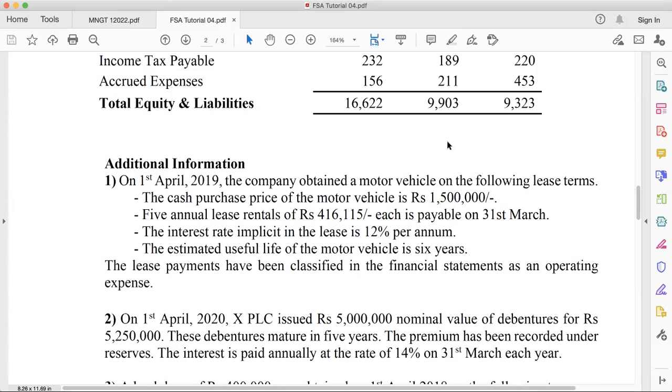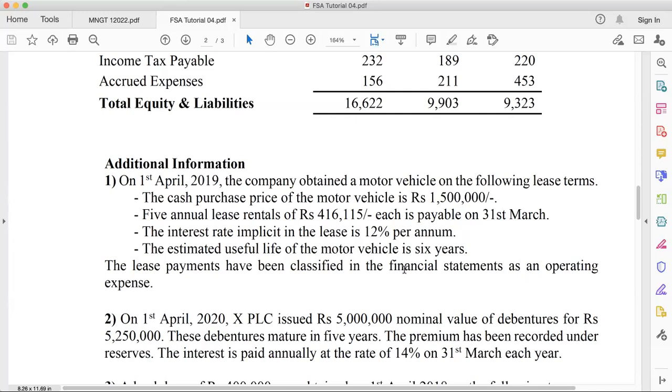On 1st April, the company obtained a vehicle on the following lease terms. Now you see, the company has got a motor vehicle on lease terms. Annual rental is 416,000, payable on 31st March. Interest rate implicit in the lease is 12%.